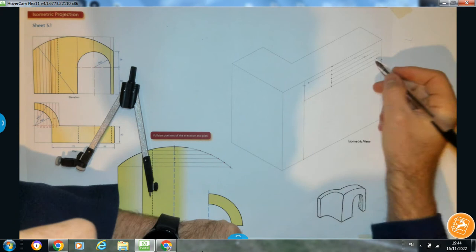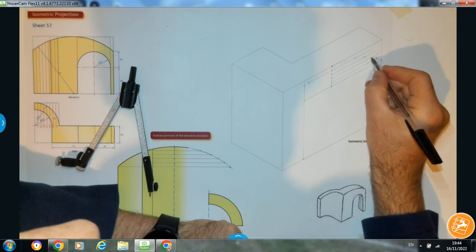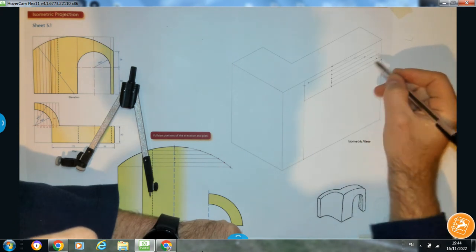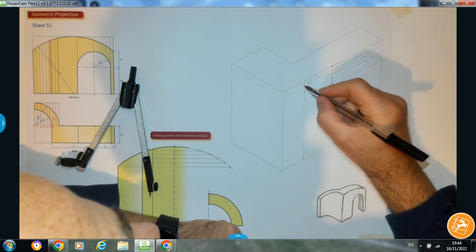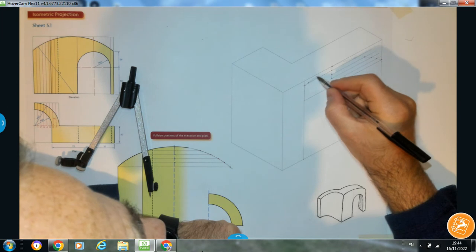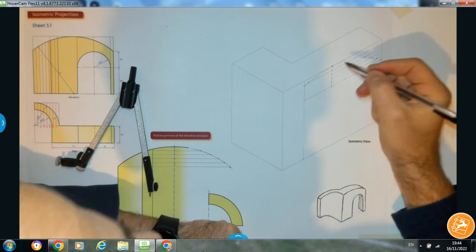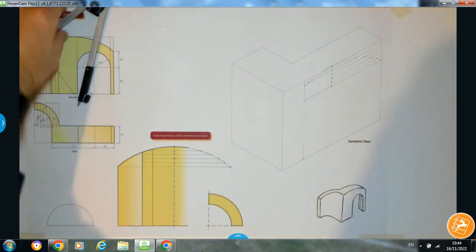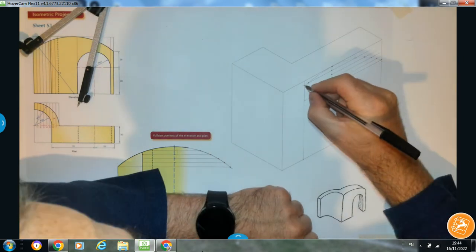Starting off very lightly. And from this point here, should go through that. And there we have that front section. So now what I'm actually going to do is I'm going to heavy that in.